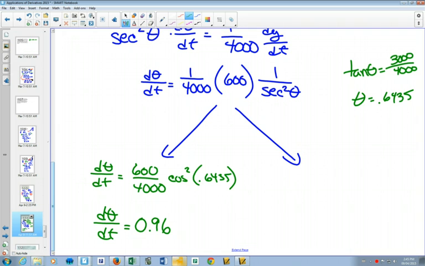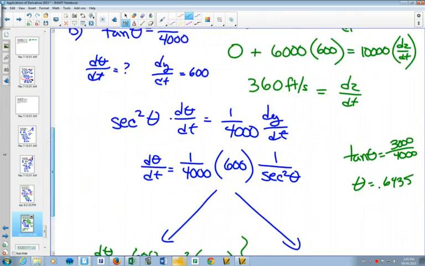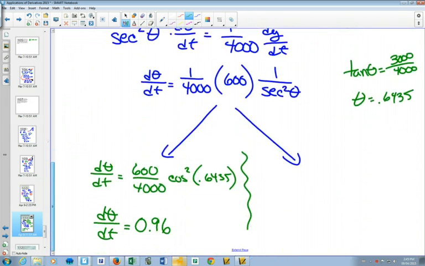Okay? A little bit less intuitive, but a little bit nicer looking per se is, again, 1 over secant squared is cos squared. If I go back to my original triangle, right, at 3,000, here's my theta, 3,000 here, 4,000 here, we knew this was 5,000.